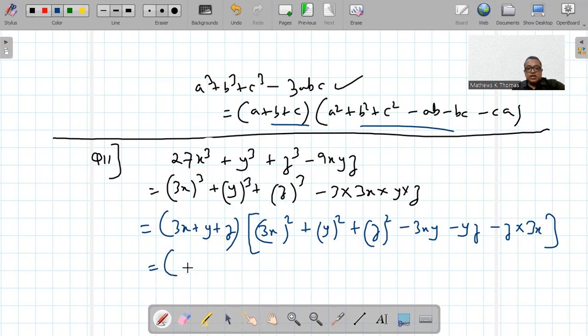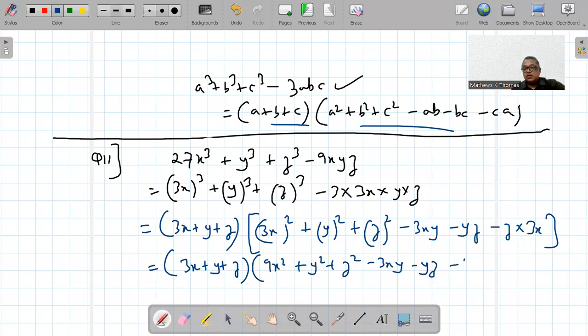So what will be my final answer? 3x plus y plus z, 9x square plus y square plus z square, minus 3xy minus yz, and minus 3xz. So this will be the final result. You can note down this.